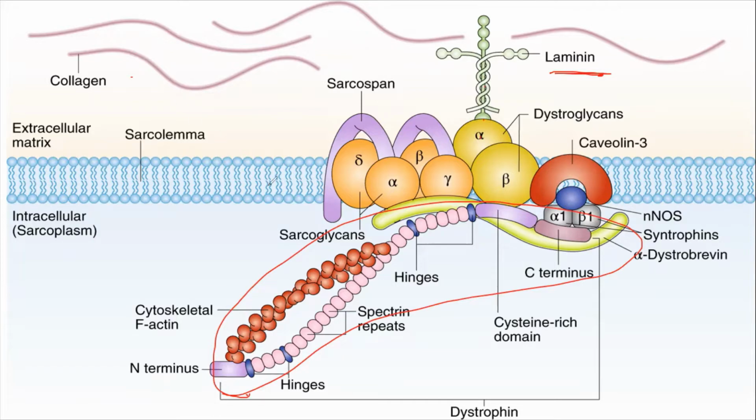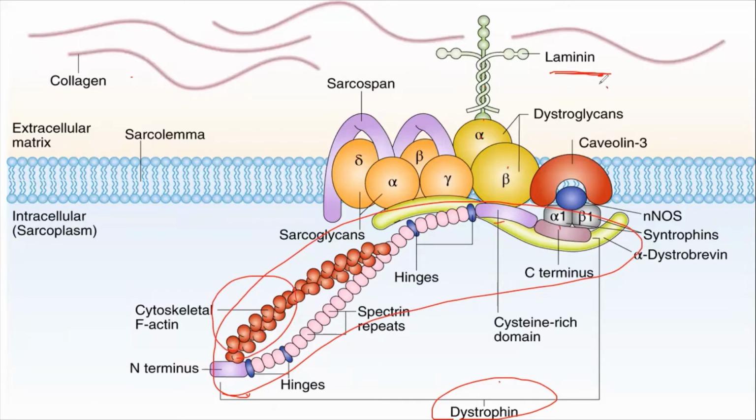This is just detail. You don't have to remember all the names of the domains. What you have to understand is that dystrophin is making connections with your actin and with the transmembrane protein, and this transmembrane protein is making connections with the extracellular matrix.